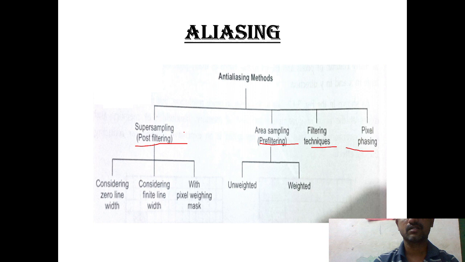Then area sampling is unweighted and weighted. These are called anti-aliasing techniques. What is aliasing? Whenever we draw lines, they may be jagged because the resolution is very low. In that case, we use anti-aliasing techniques, and based upon these techniques, we can draw smooth lines and smooth curves.